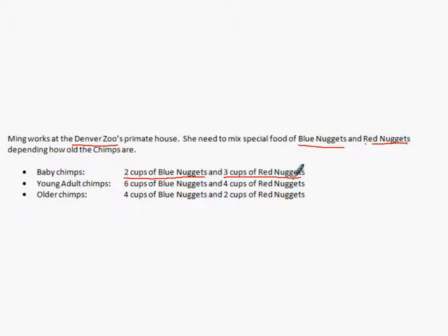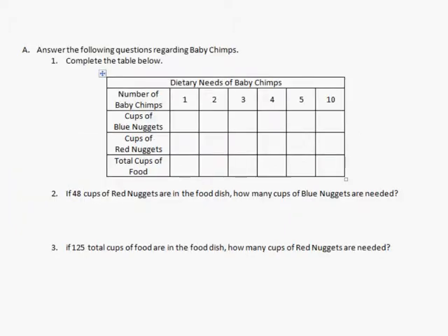Young adult chimps need 6 cups of blue nuggets and 4 cups of red nuggets, and older chimps need 4 cups of blue nuggets and 2 cups of red nuggets. As you can see, different ages of chimps get a different ratio of blue nuggets and red nuggets. The first part of this is about the baby chimps.